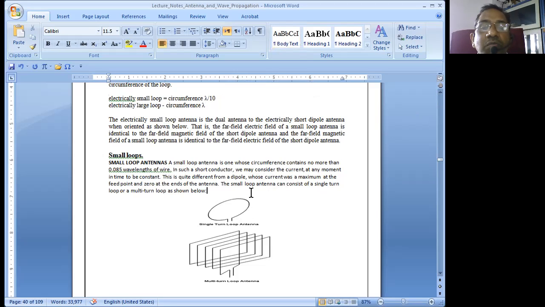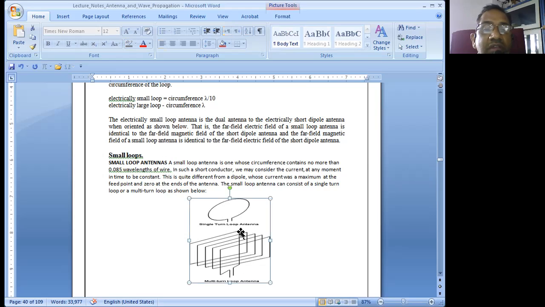You can have one loop here. You can take a long wire and simply wind it like a circle with two poles. Then you form a single turn circular loop antenna. Similarly, you can have a rectangular kind of antenna where you take a single wire conductor, and this conductor is wound something like this, and finally one more winding is taken from the other end.